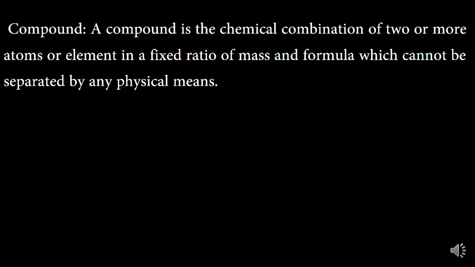This is a complete definition of what a compound is. If you submit this definition in any exam or test, you are likely to get at least 80% of the marks attached to that question, because it is a complete definition.